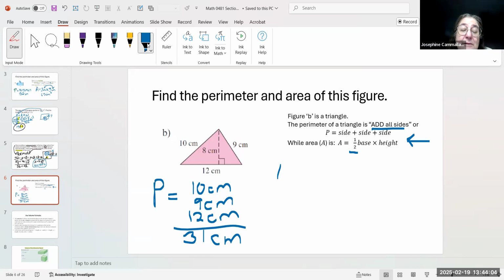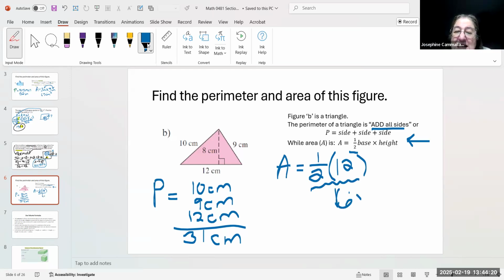Now, area, okay, this is going to involve fractions. 1/2. Now my base is 12. Well, this is 6 times my height. 8 is my height, which is going to give me 48 centimeters squared.